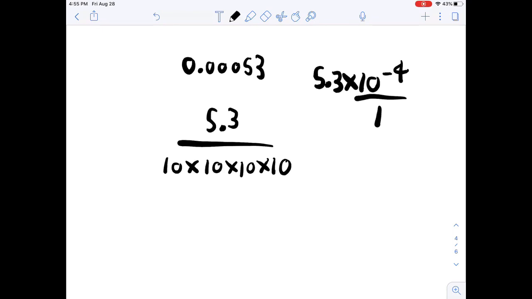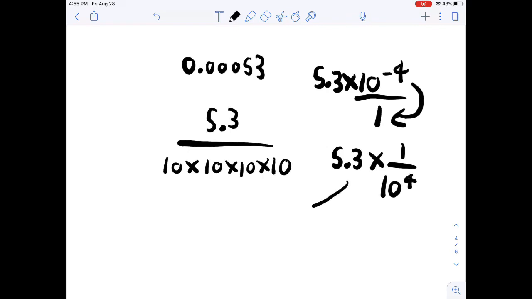We imagine this as a fraction. We have to move the 10 to the power of negative 4 to the bottom. So you're left with 5.3 times 1 over 10 to the power of 4. And that's what this is. And so they're all equal together.